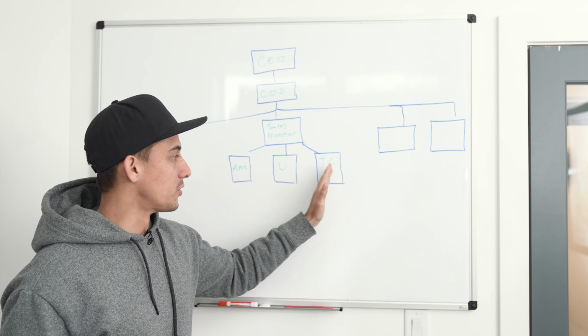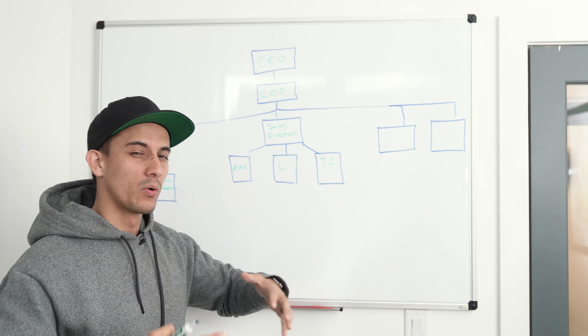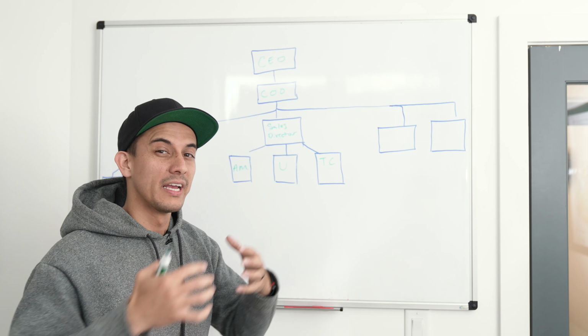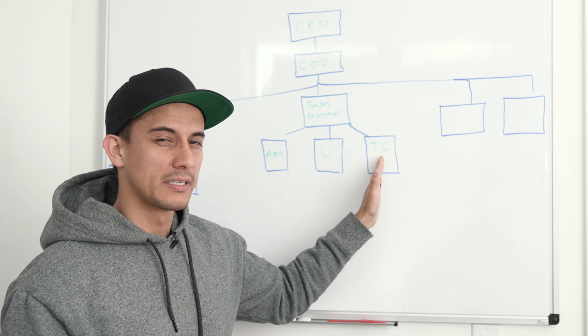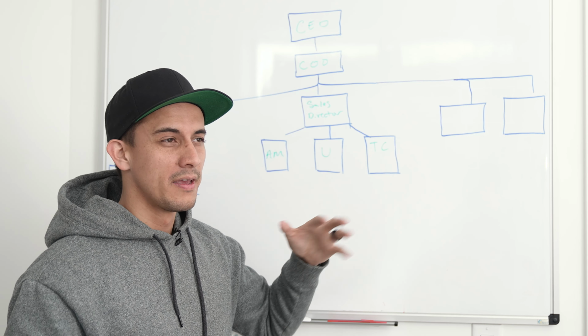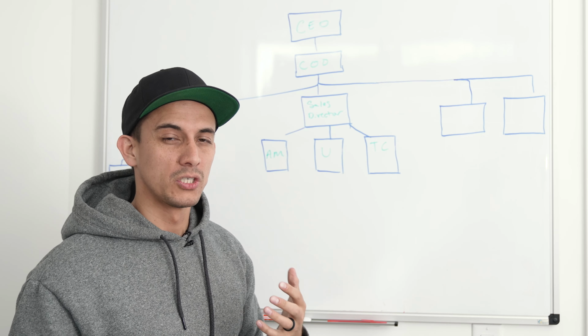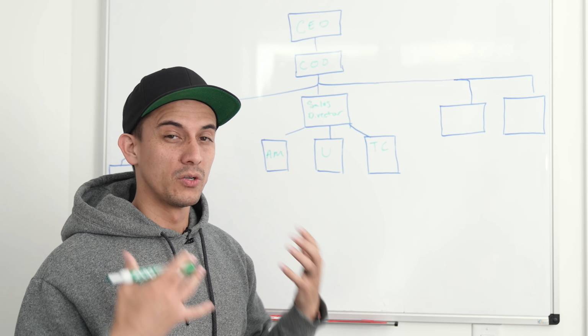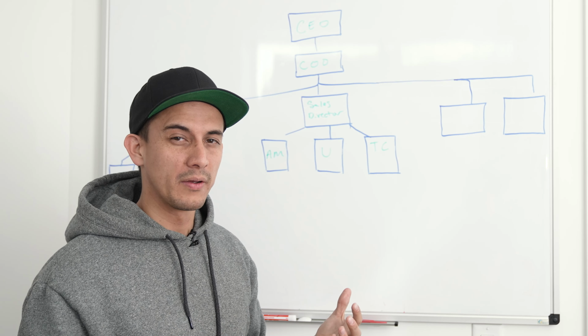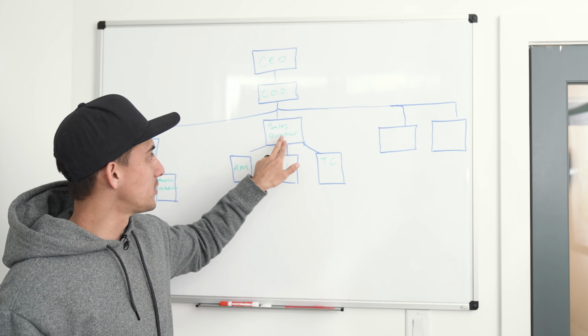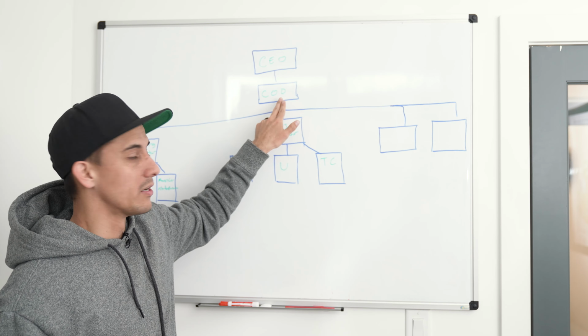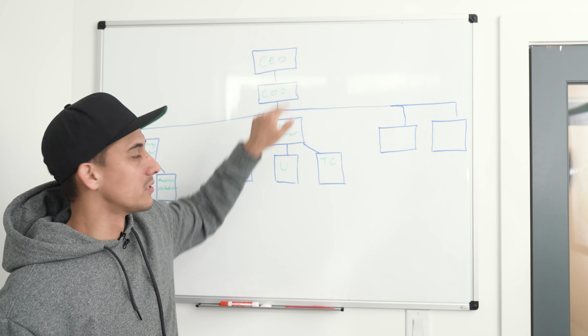From there, the transaction coordinator is the one overseeing that this deal gets to the finish line. We don't necessarily like the title transaction coordinator because they're more of a due diligence coordinator, making sure that everything regarding due diligence is proper and appropriate. All 3 of these people answer to the sales director, and then they answer to the COO. And then the COO answers to the CEO.